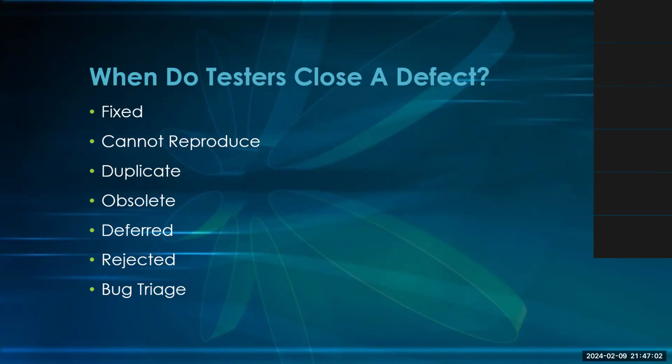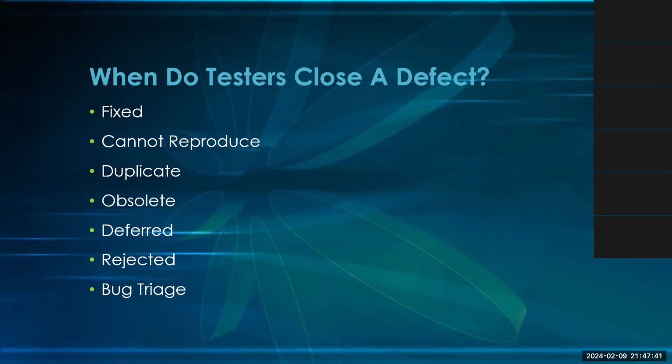So basically, bug triage is another process in which defects are handled, and it goes with the complexity, the severity, how critical the bug is.